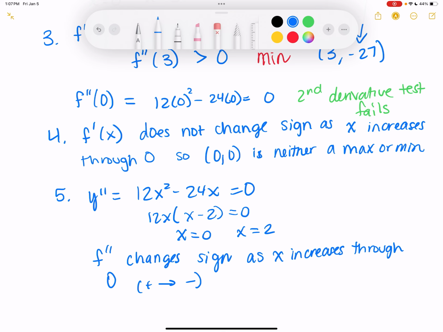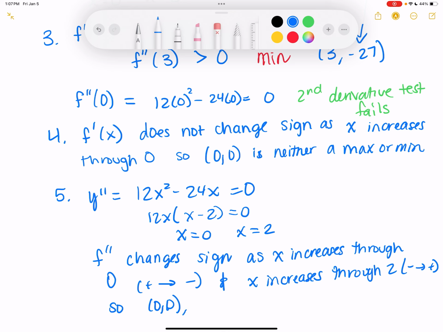So as x increases through 2, it goes from negative to positive. So the point (0, 0), even though it wasn't a min or a max, is an inflection point.